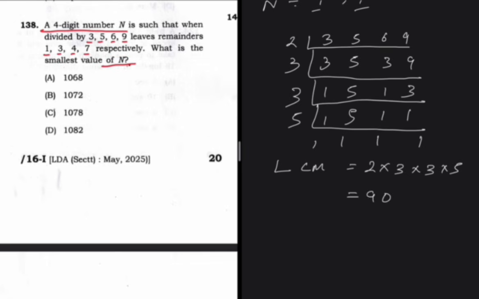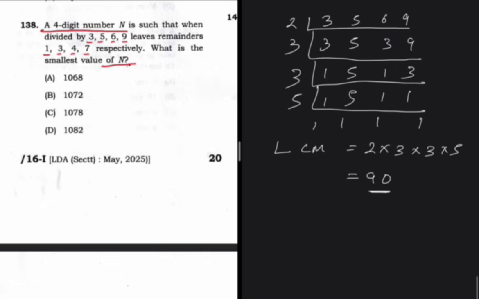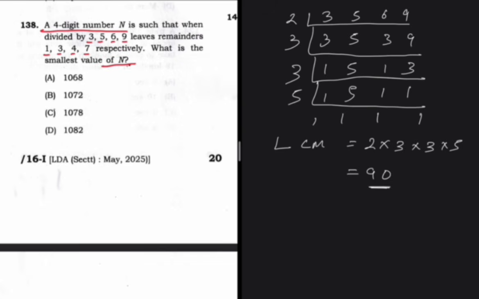Okay, and the question says that this number n should be a 4-digit number. Here it is a 2-digit number. We'll find the smallest 4-digit number that is a multiple of 90. Okay, so we know that if 90 is multiplied by 10, it's equal to 900.